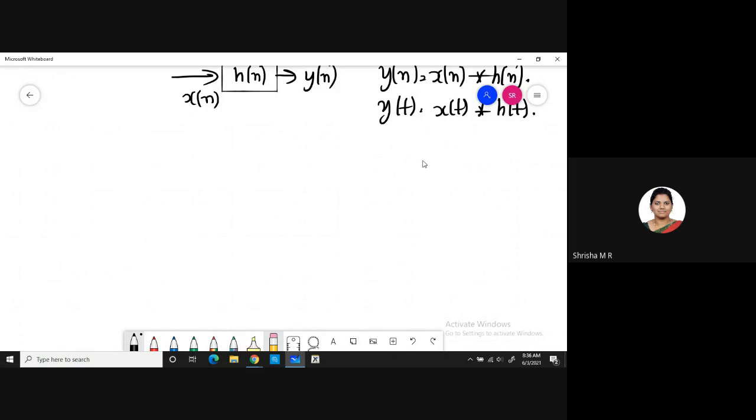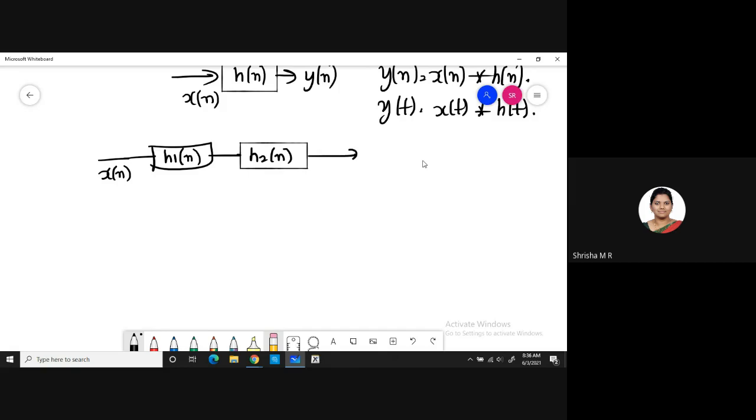So if you have, so this is systems in parallel. If you have two systems in series, we shall see how it will be. So if you have x of n and you have h1 of n in series or cascade, we can call it as cascade also, h2 of n.